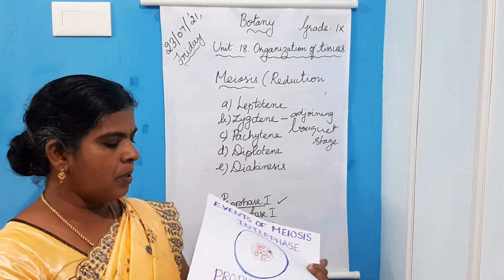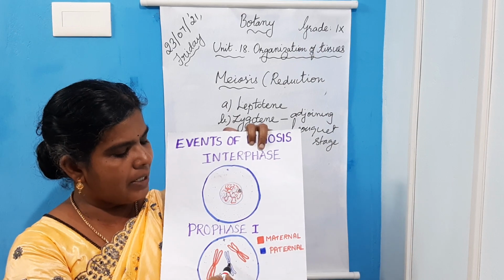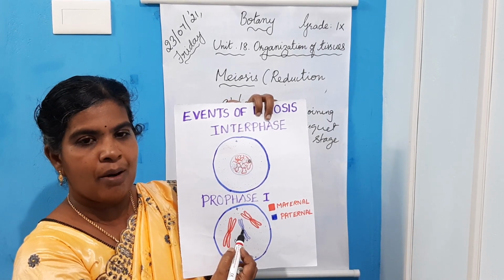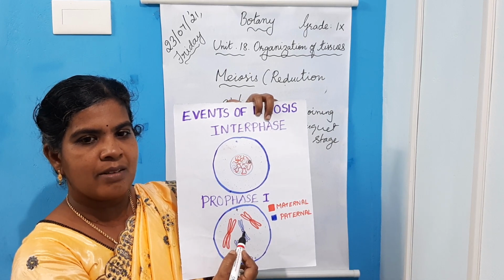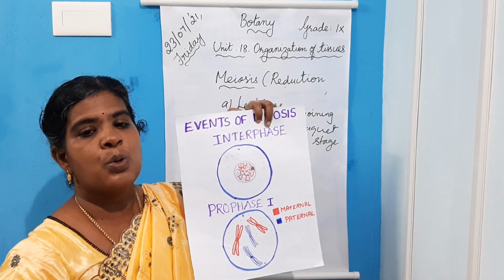What are homologous chromosomes? The paired chromosomes. You know what this is? This is kinetochore or primary constriction, or it is also called centromere. The arms are termed chromatids.